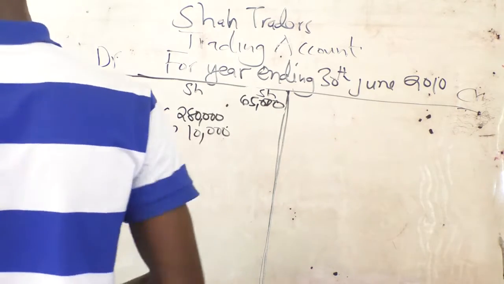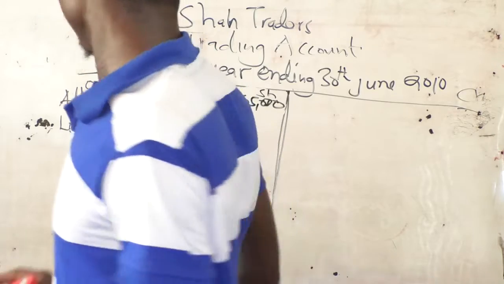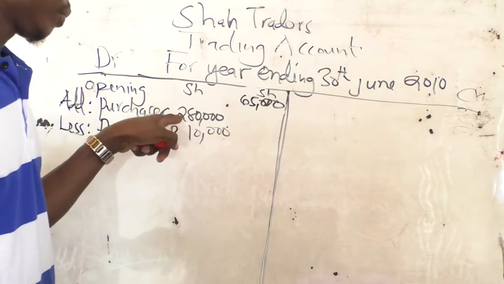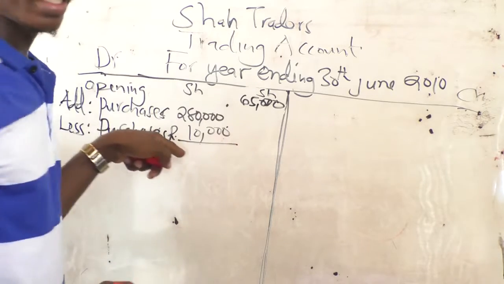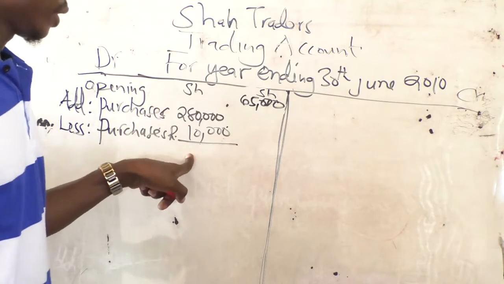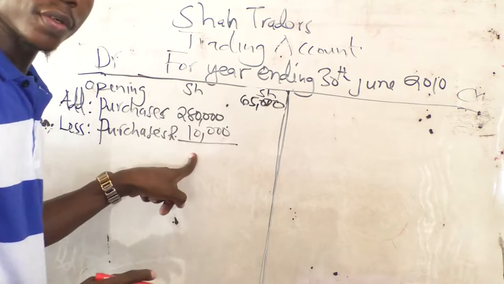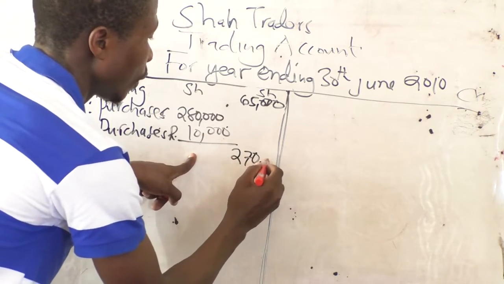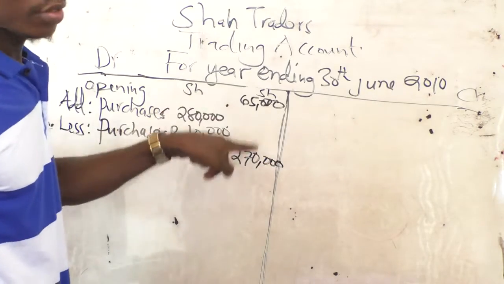Subtracting 10,000 from 280,000 gives 270,000. This 270,000 we are not going to write here, but we bring it here so that we can add it with the opening stock straight away.